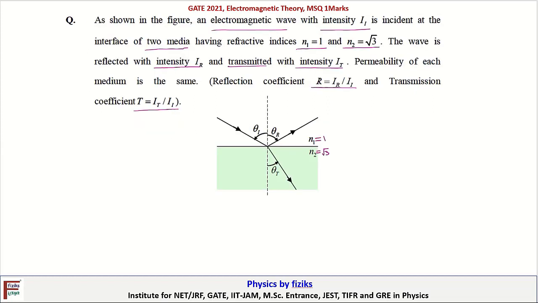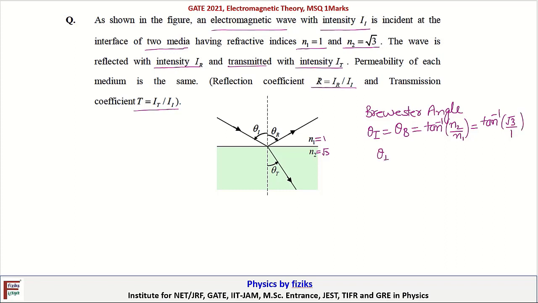So let us first calculate what will be the Brewster angle at this interface. Let's take theta I equal to theta B, and this angle is given by tan inverse of N2 by N1, which is simply tan inverse of root 3 by 1.